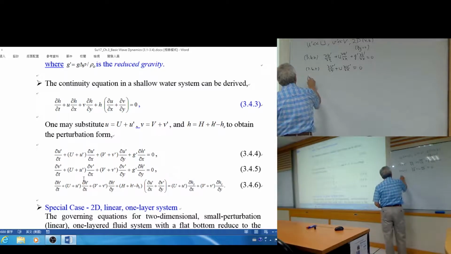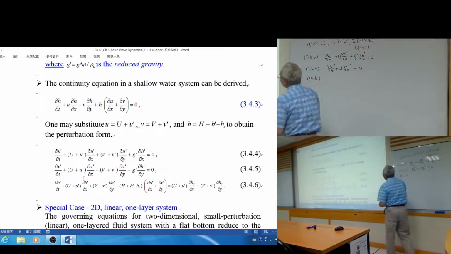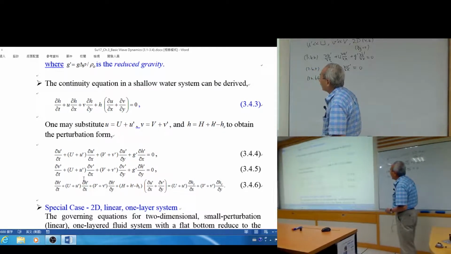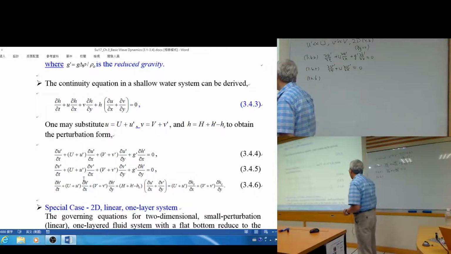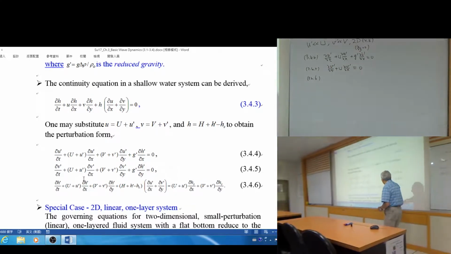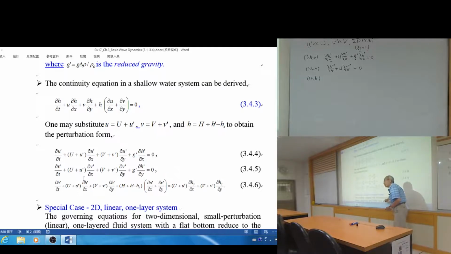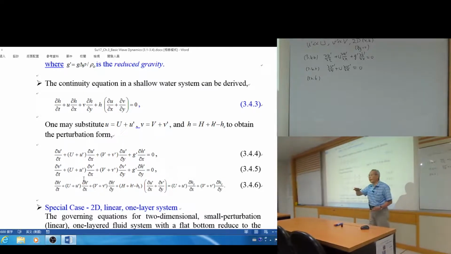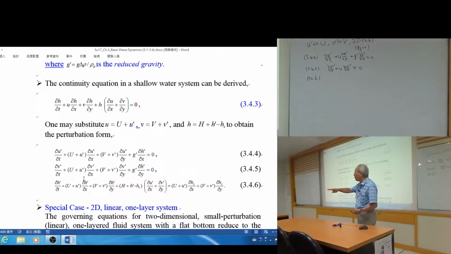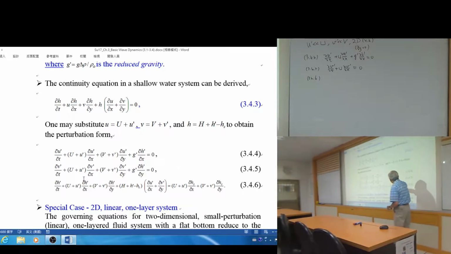And 3.4.6. You see, we also assume flat terrain, no bottom topography. The bottom is flat, so that means the H sub S terms are gone.